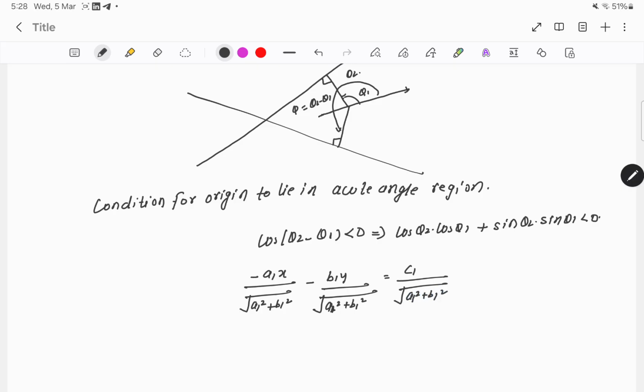Okay. Now the second time, I am going to make the coefficient of c2 negative for the second term. So this is a2 by square root of a2 square plus b2 square into x plus b2 by square root of a2 square plus b2 square into y minus c2 by square root of a2 square plus b2 square.